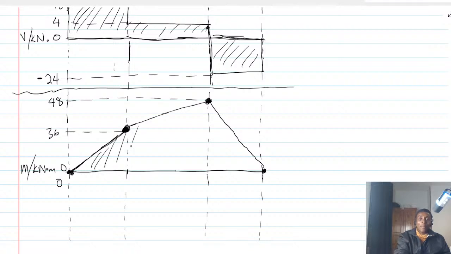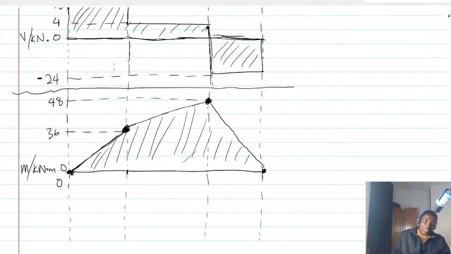All right. So that is our bending moment. So we are done. This is our bending moment diagram, and this is our shear force diagram. All right. So we are done. I hope the concept is clear.